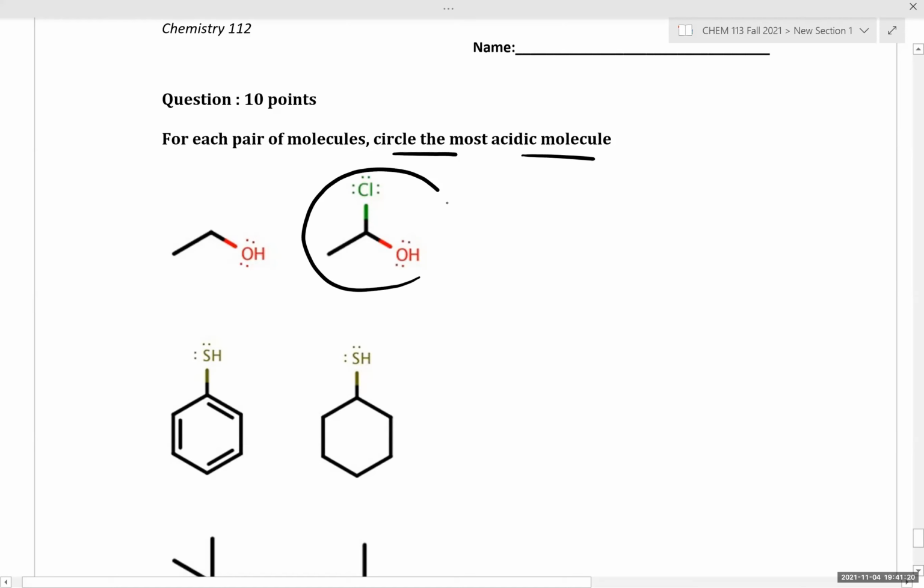Yes, and what's the main effect? You can't quite use a hybridization argument here, but what is that chlorine doing? Does that chlorine exert an effect? Oh yeah, it's pulling.